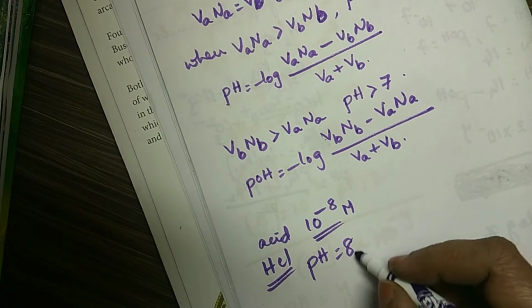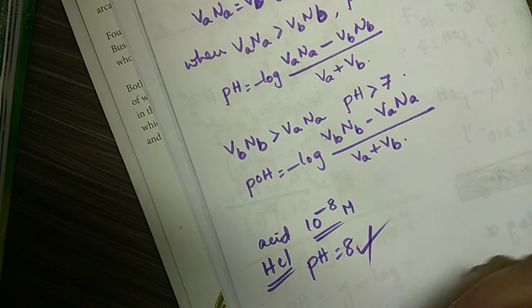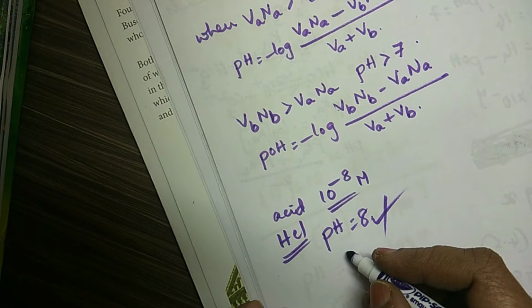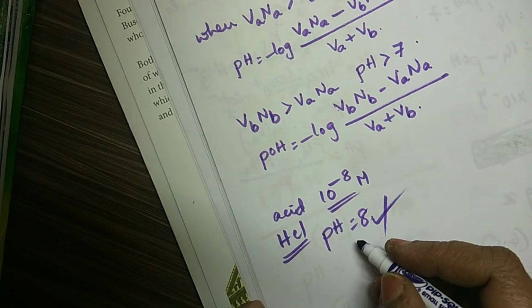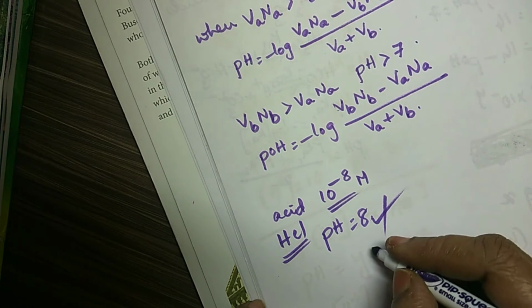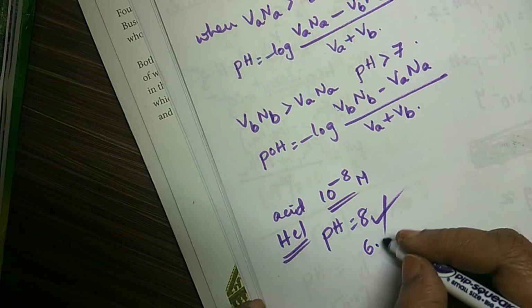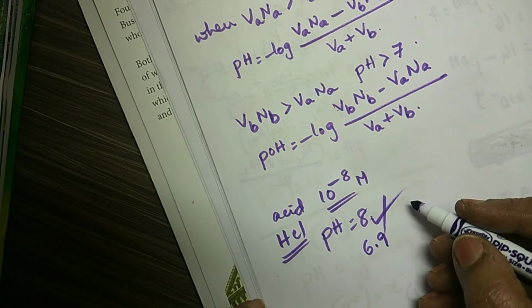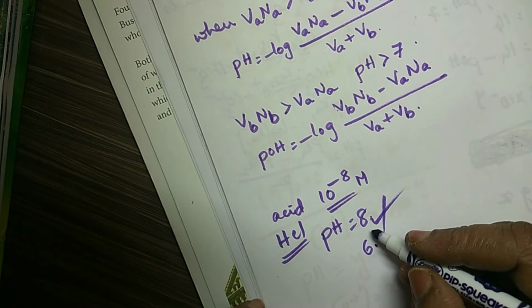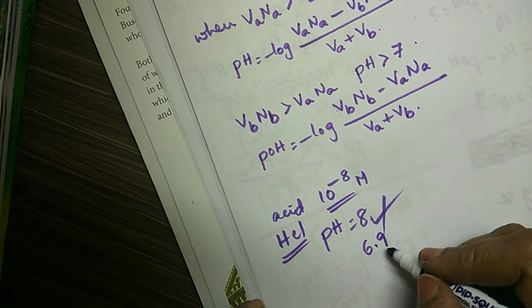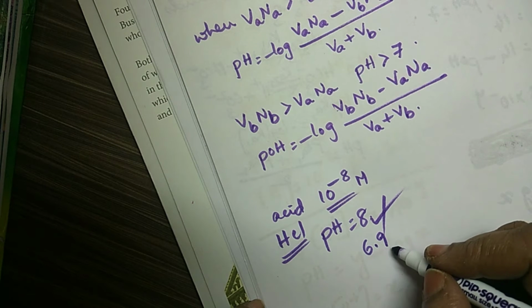But an acid cannot have pH 8. Its pH will be less than 7. Its pH cannot be greater than 7. So its pH is taken as 6.9, slightly less than the neutral point.